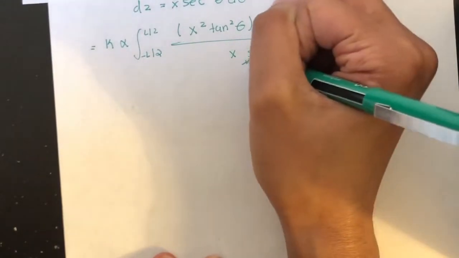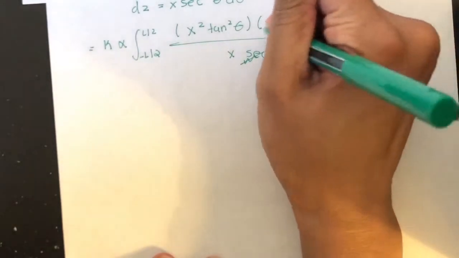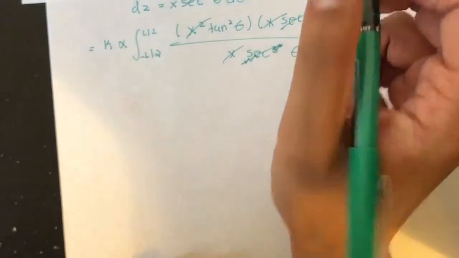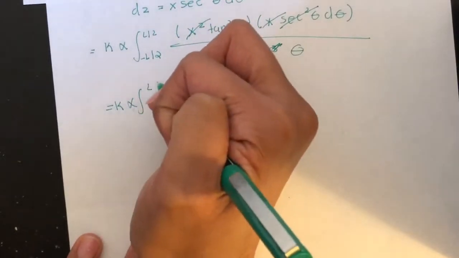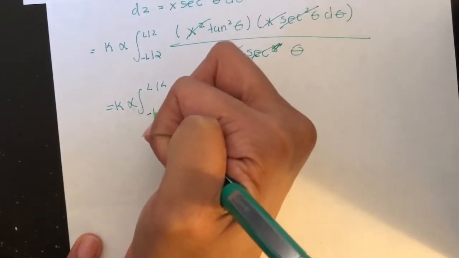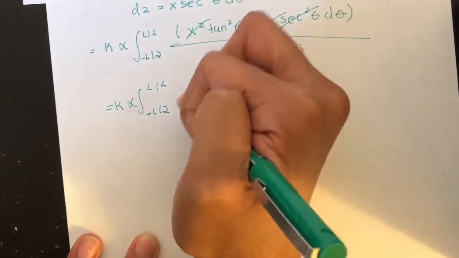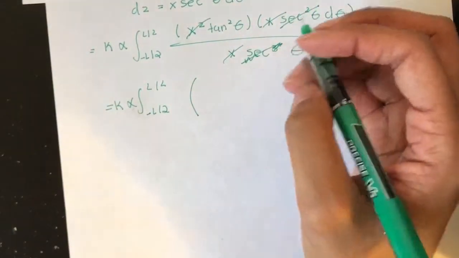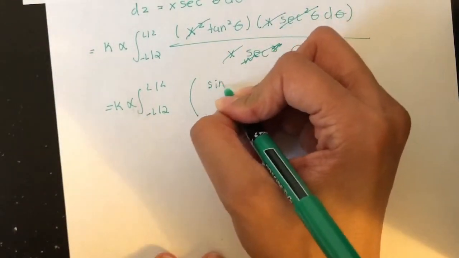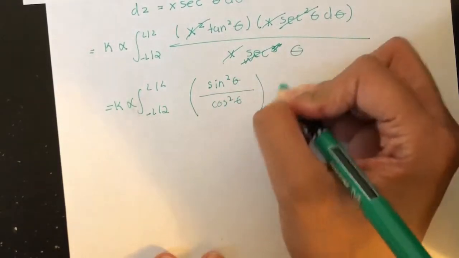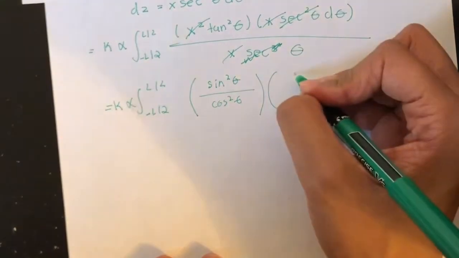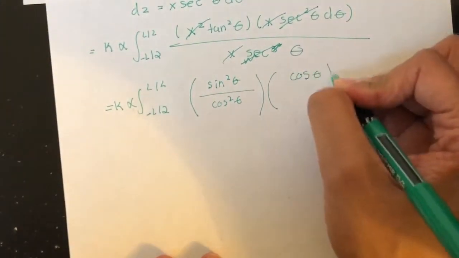This cancels out, and this is canceled out. So we're left with tangent squared theta, which is the same as sine squared theta over cosine squared theta. And then 1 over secant is the same as cosine theta.